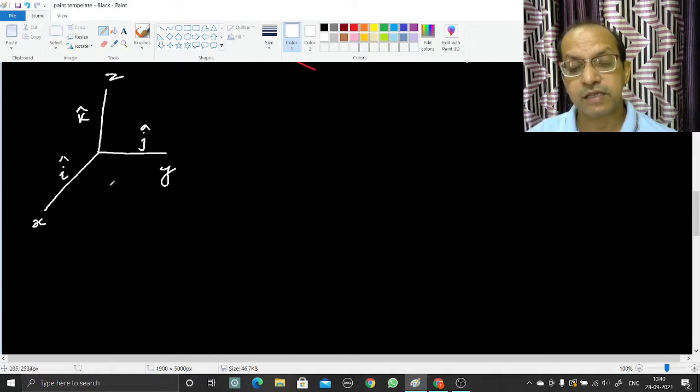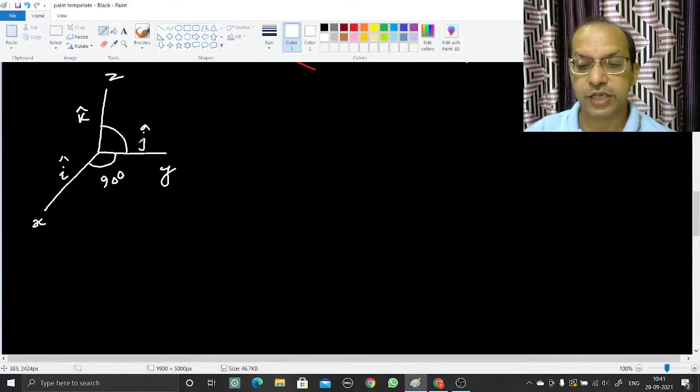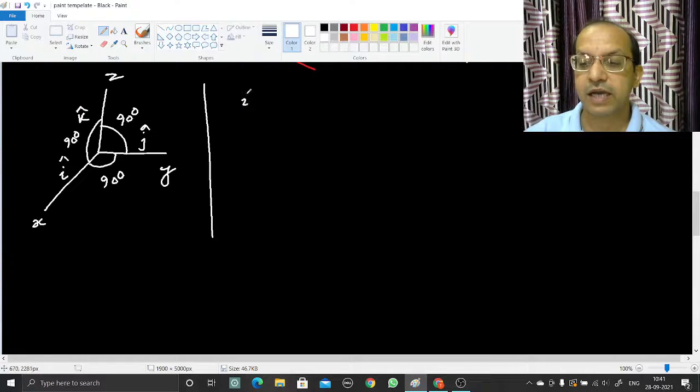Now this is an orthogonal coordinate system. That means the angle between the x and y axis, or you can say i cap and j cap, is 90 degrees. The angle between j cap and k cap is also 90 degrees, and the angle here is also 90 degrees. Now we will make the dot product: i dot i, i dot j, i dot k.